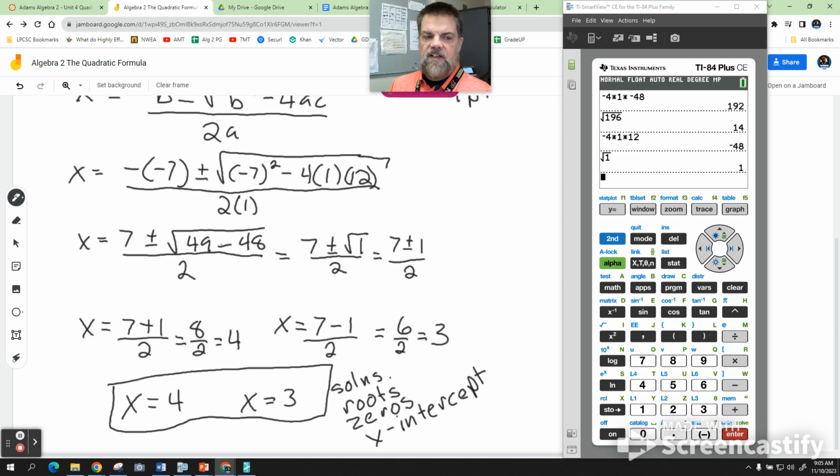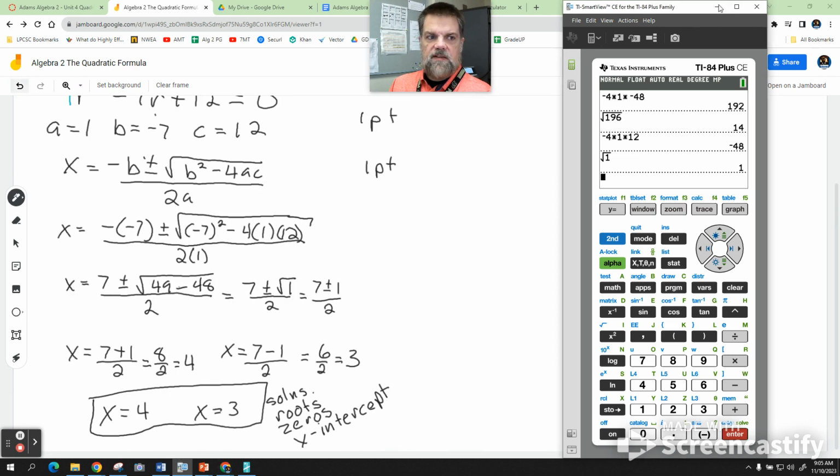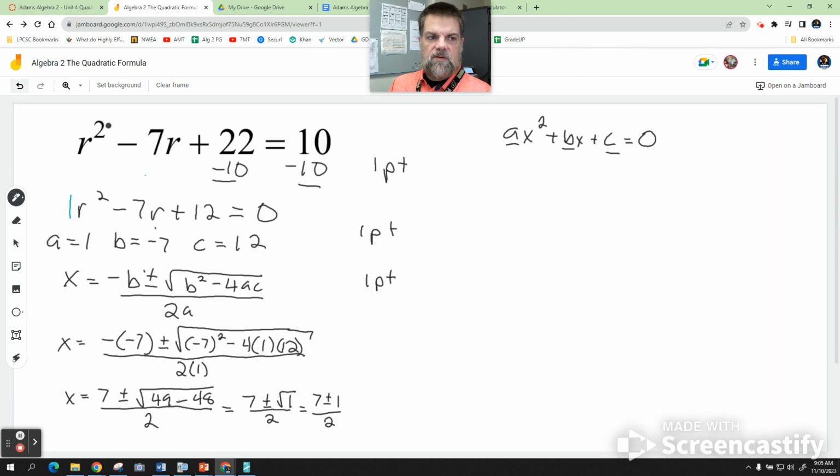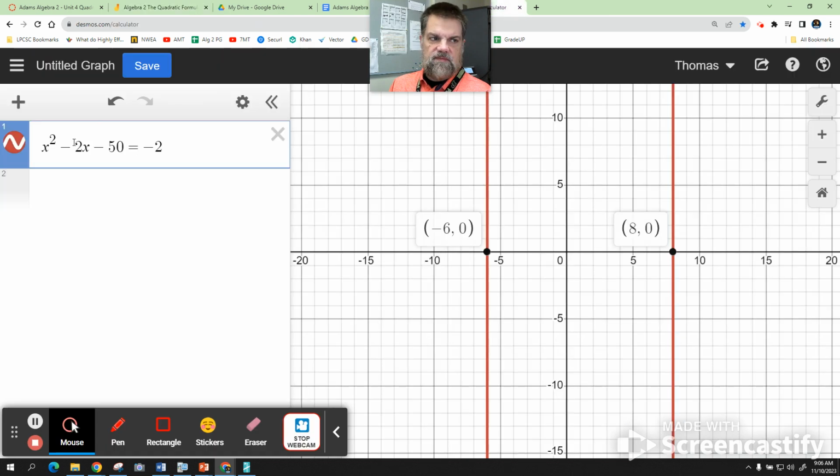I can graph it in Desmos. What am I going to graph? The original equation, right? The original equation just as it is, except I'm going to replace the r's with x's because it only does x's.